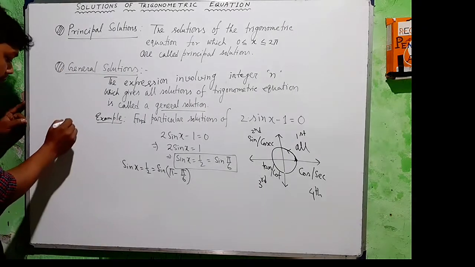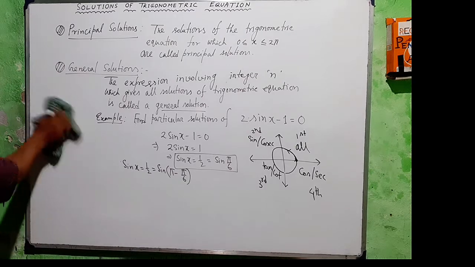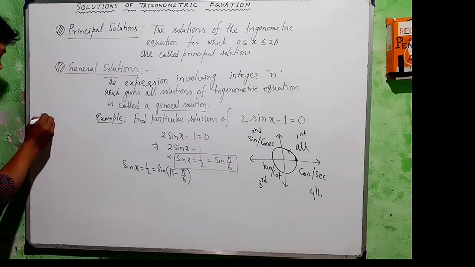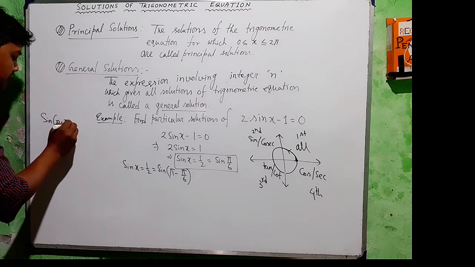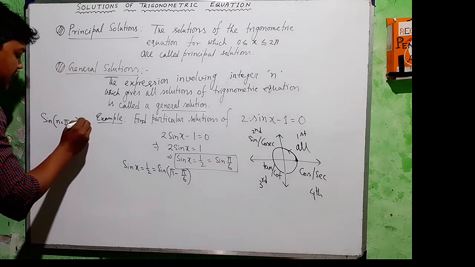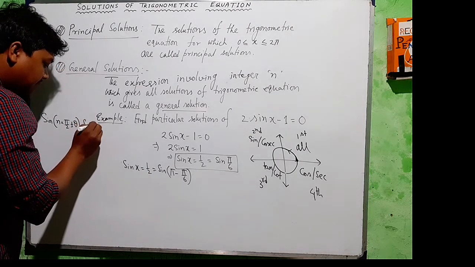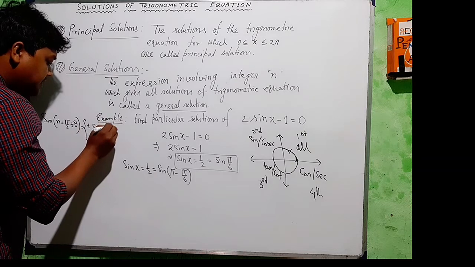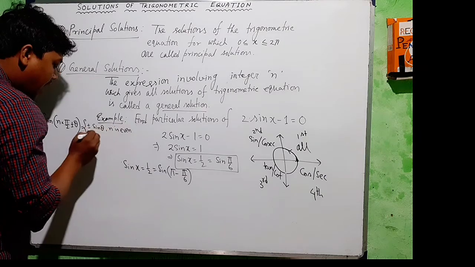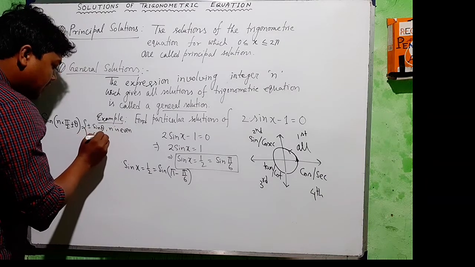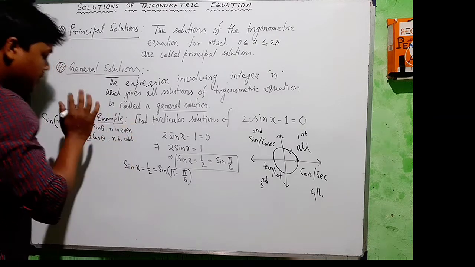Why? Let's try to recall once more. What did we know? sin of n into pi by 2 plus minus theta: if n is even, that is plus minus sin theta, when n is even, and plus minus cosine theta when n is odd. Try to remember.